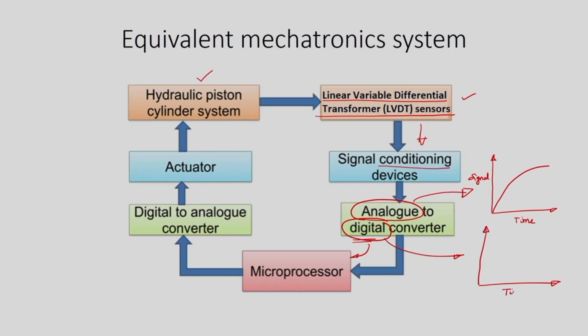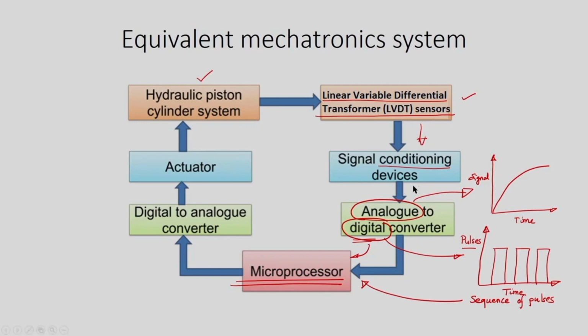So we get the signals in terms of pulses, and a sequence of pulses is the digital input. Microprocessors understand digital signals only. That is why we have to convert the analog signal into digital form.